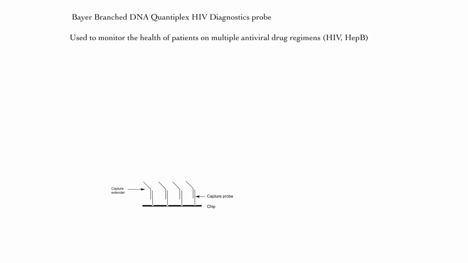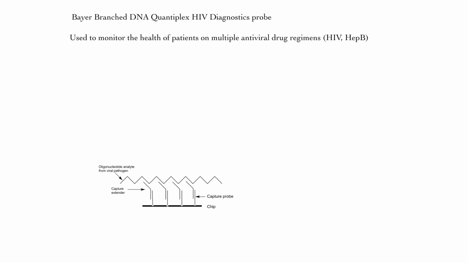It starts off with, in this case, a capture probe, which is complementary to sequences on a messenger RNA from either of these viruses. And now the trick is bringing in branched DNA. There's a sort of label extender. This part is complementary also to part of the viral messenger RNA.